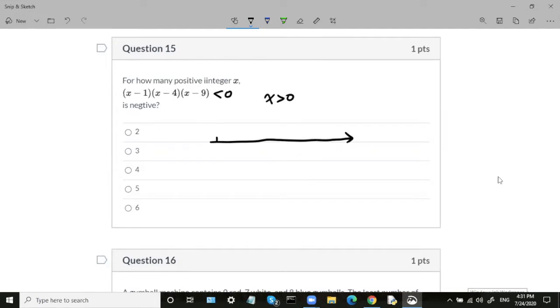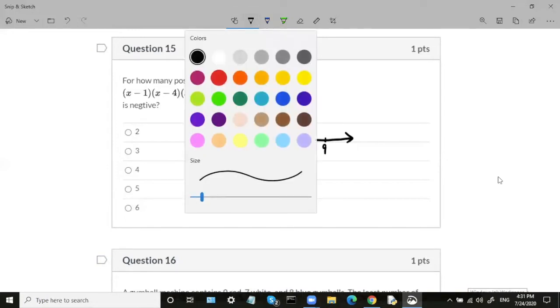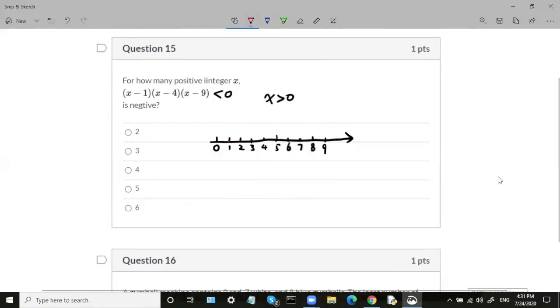So we have 0, 1, 2, 3, 4, 5, 6, 7, 8, 9. Let's mark this. We mark 1 here, 4 here, 9 here.